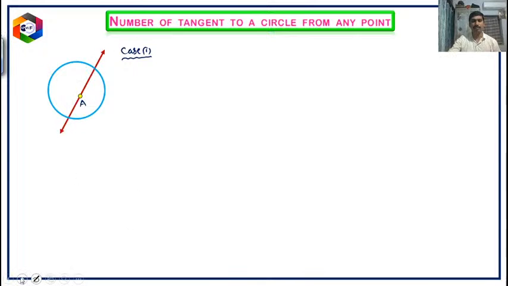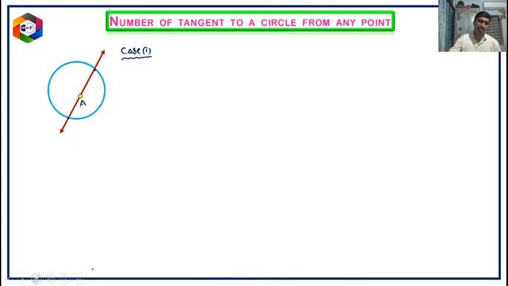So this is one line. If you observe this line, since the point is inside, it is touching the circle at 2 different points. If it touches the circle at 2 different points, can it be called a tangent? No doubt at all, it is not a tangent. If the line intersects the circle in 2 distinct points, then it is called a secant.